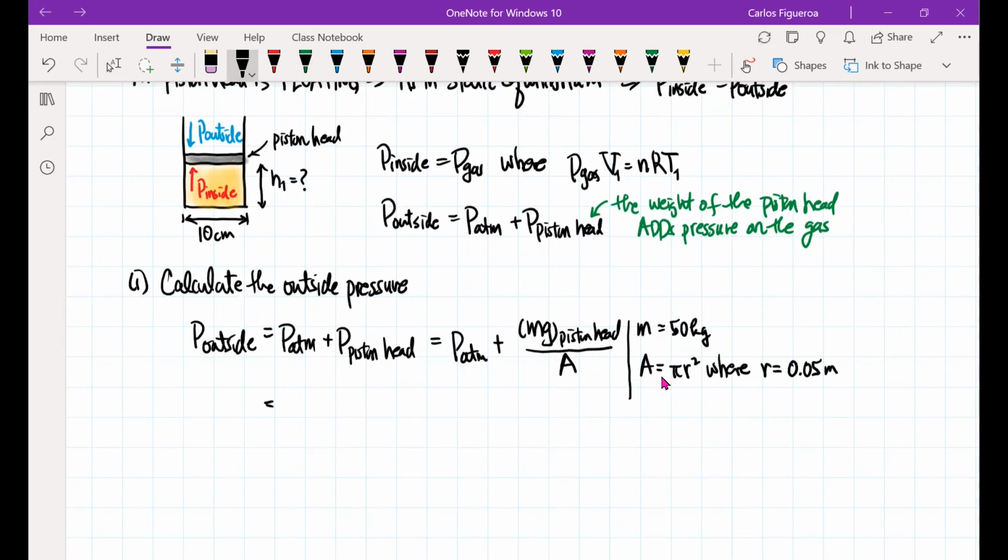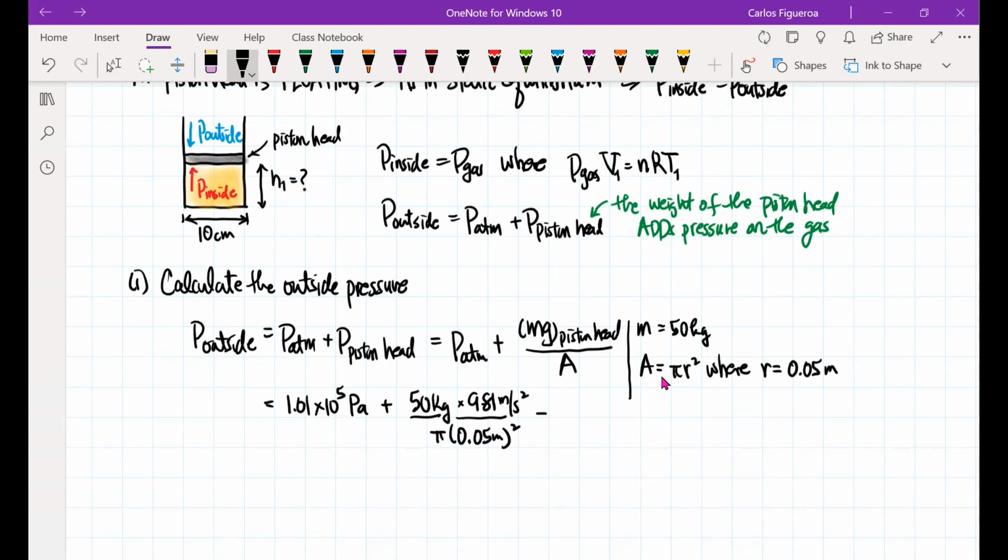The atmospheric pressure is 1.01 times 10 to the 5 pascals. Then the weight: 50 kilograms times 9.81 meters per second squared, all divided by the area, which would be pi times 0.05 meters squared.